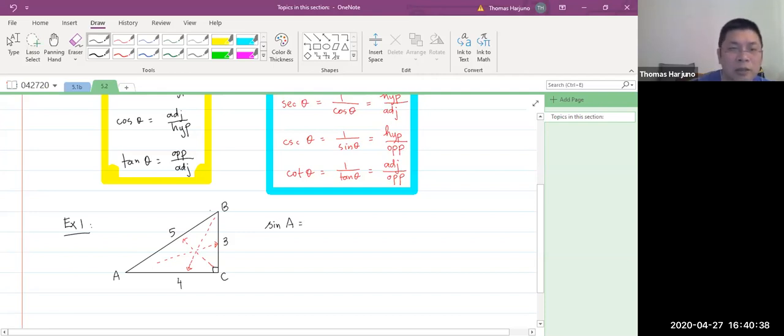Sine A is defined to be the opposite of angle A, that's 3, over the hypotenuse. While cosine A is defined to be the adjacent of angle A over the hypotenuse. And tangent A is defined to be the opposite over the adjacent.